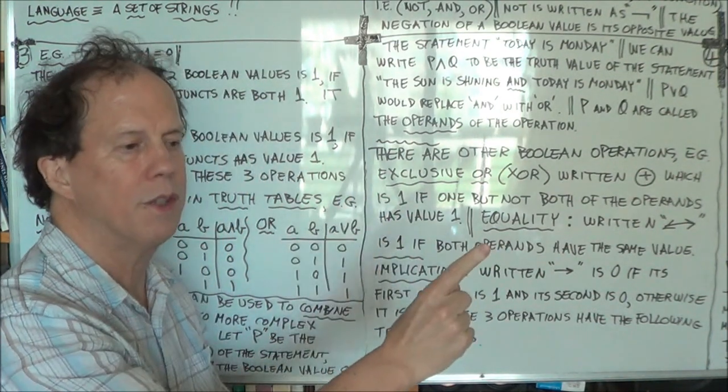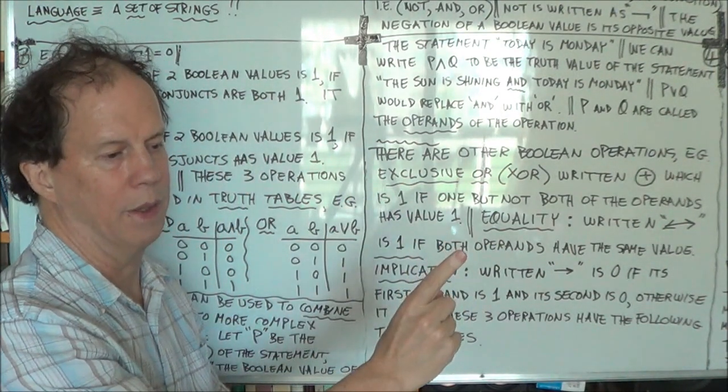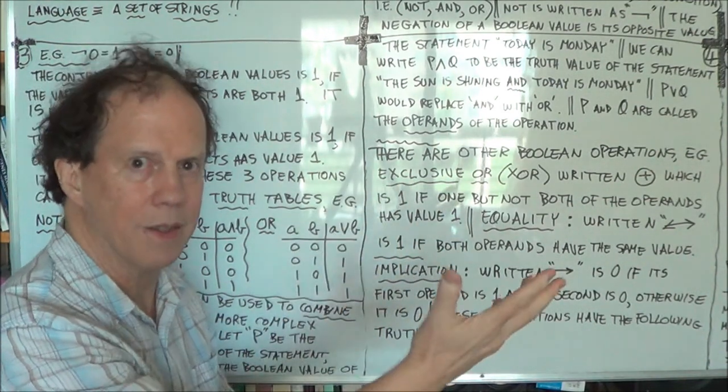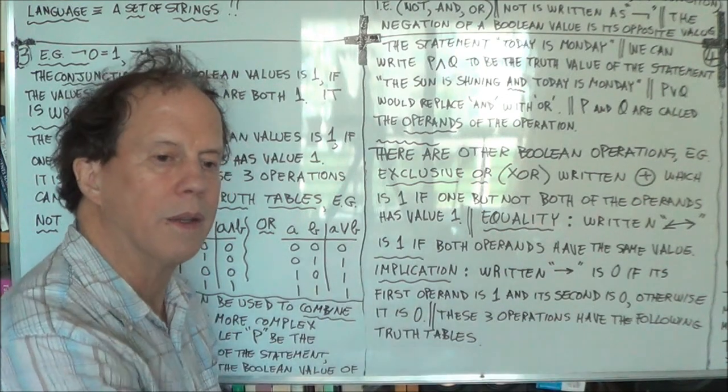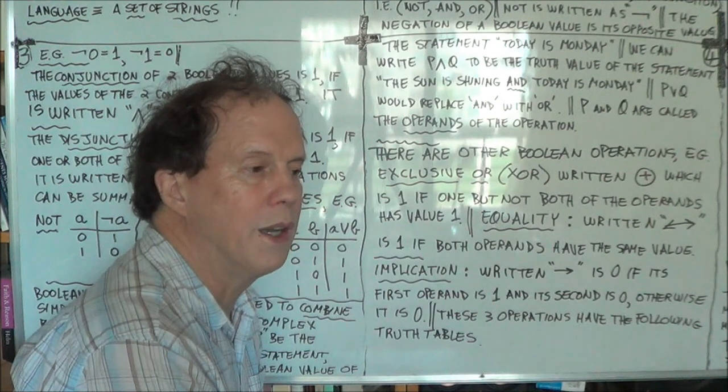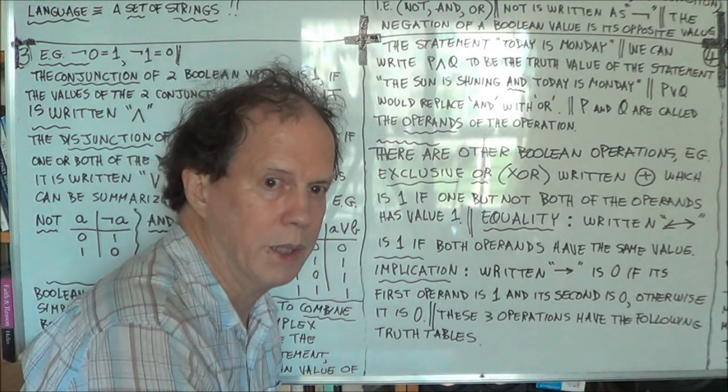Once one of them is true, that excludes or rejects the possibility that the other one can be true, if you want your A XOR B to be true.